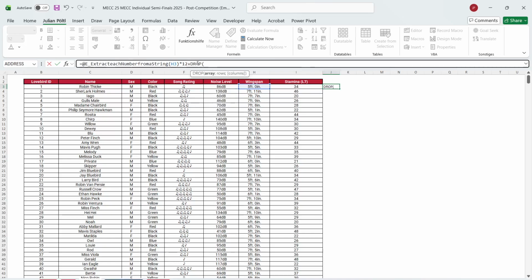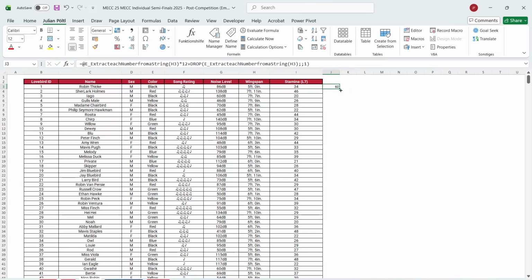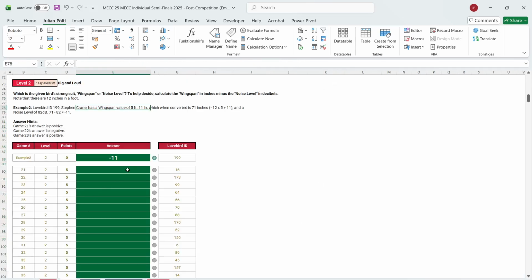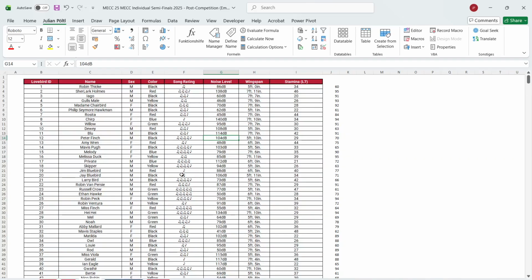Plus drop, and then drop the first column. Okay. Wing in inch. And then it's the wing minus noise level. And noise level is given, but also okay, let's use then.